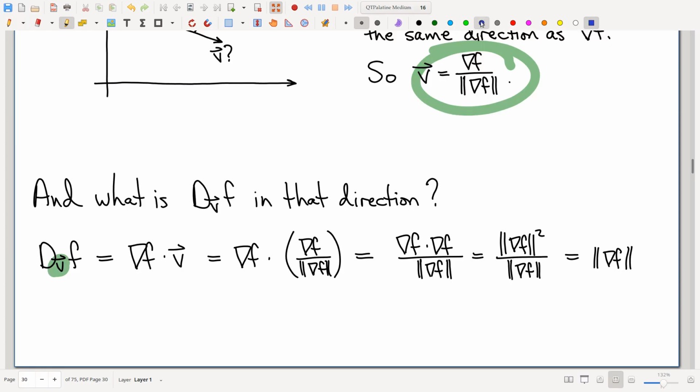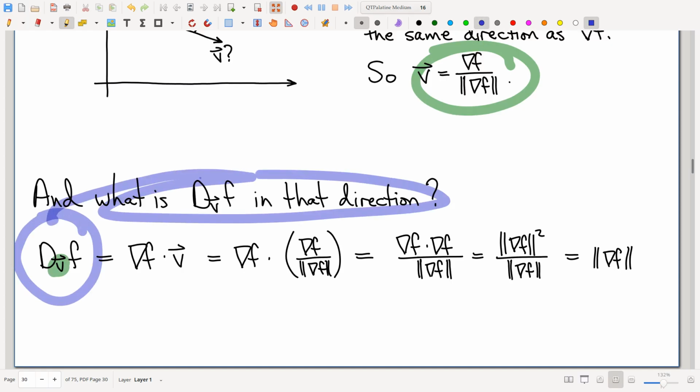In that case, this thing that I want to be as big as possible, what is it? There's a really easy calculation you can go through here. Just take a look at this at your leisure. It's very straightforward. Again, directional derivatives are computed with a dot product, which, well, we know how to do algebra. And the nice punchline is that the maximum rate of increase is the magnitude of the gradient.